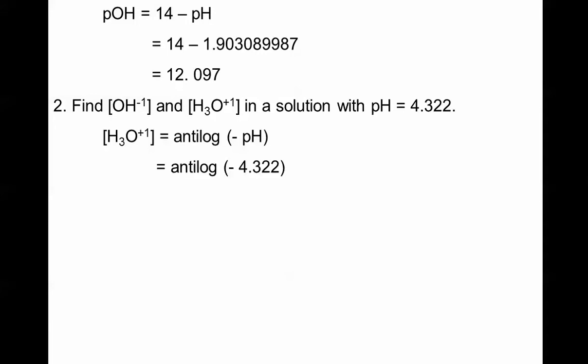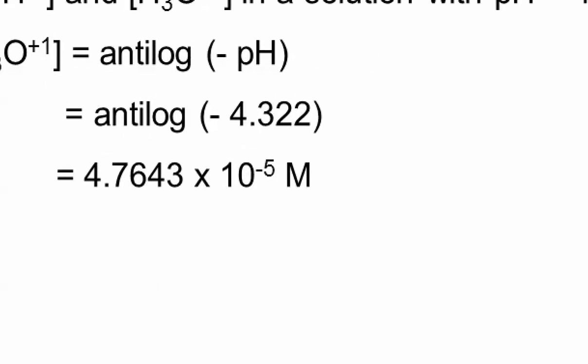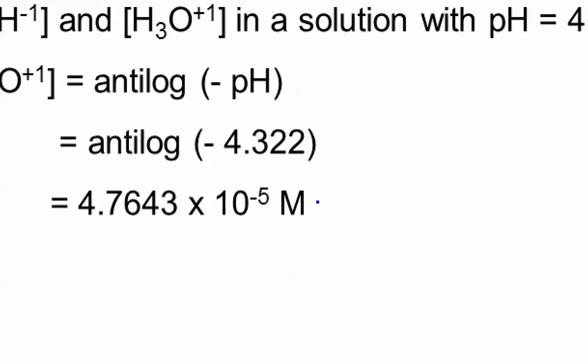So we're going to take the antilog of negative 4.322, because that's what the pH is once it's negated, and then you put it to 10 to the power of negative 4.322, and you get this number. You notice it's in molar, it is the concentration of H3O. So we would put H3O here.